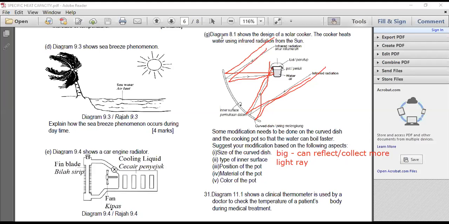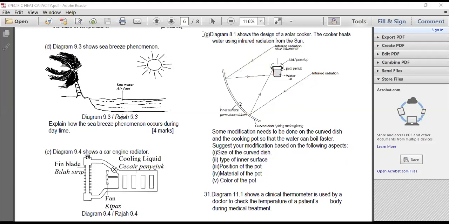Next, type of inner surface. We want the inner surface to reflect, so the inner surface must be shiny. Reason: good reflector of heat, good reflector of light, because the light will supply the heat.